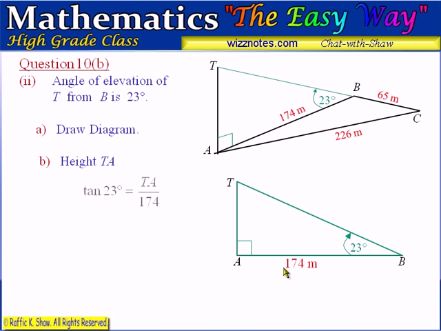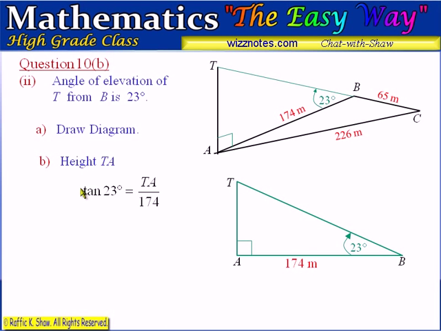And so we start with the definition of tan. Tan of 23 degrees here is equal to the opposite side TA divided by the adjacent side, which is 174 meters. And this is it. Tan 23 degrees equals TA divided by 174.